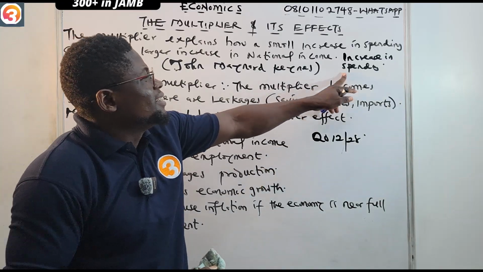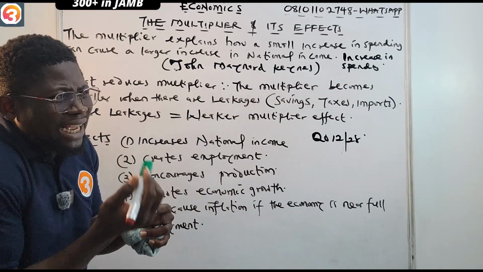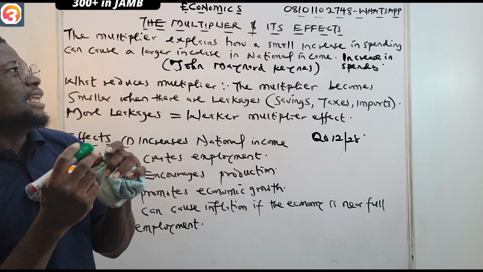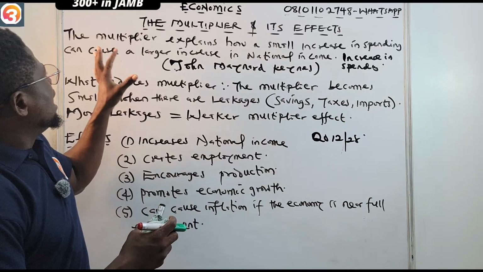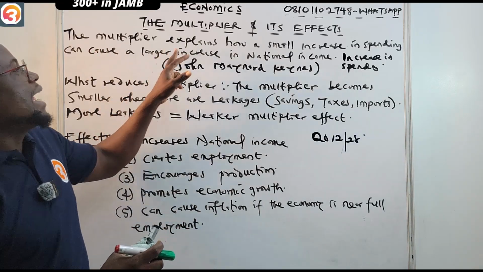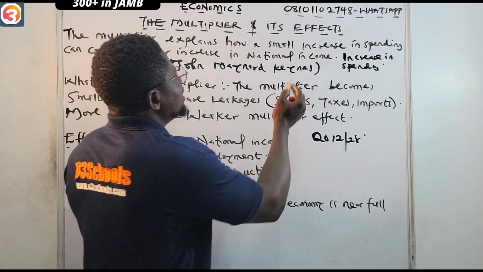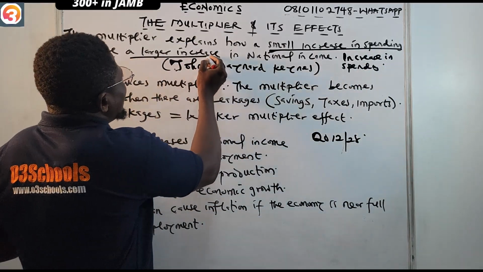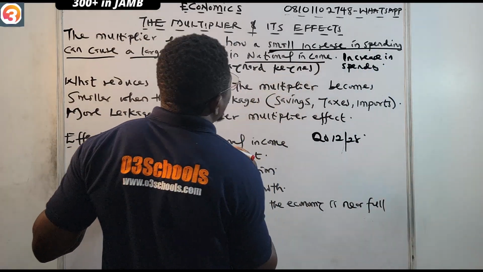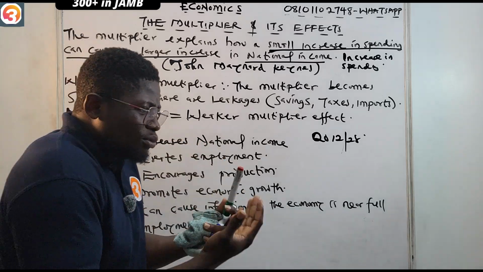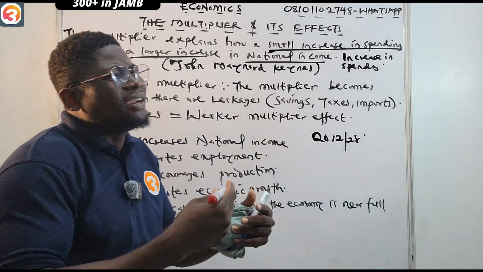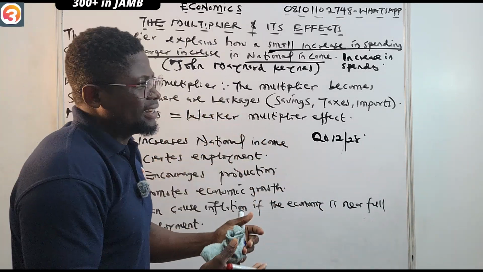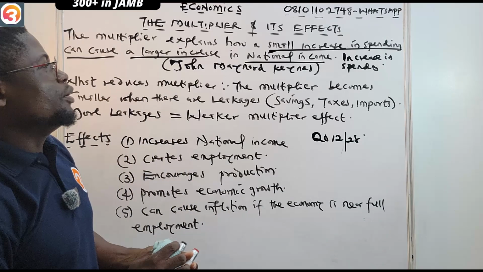A small increase in spending will lead to a larger increase in the national income. You can see from the definition here that the multiplier explains how a small increase in spending can cause a larger increase in national income.